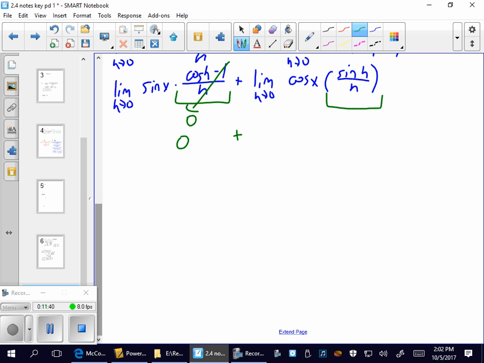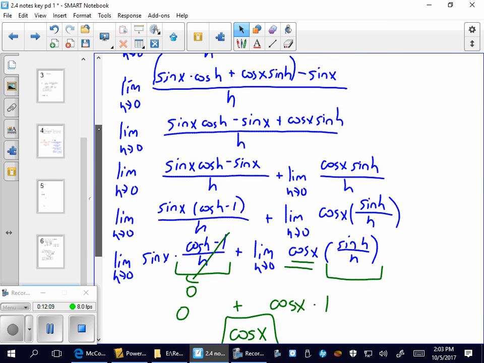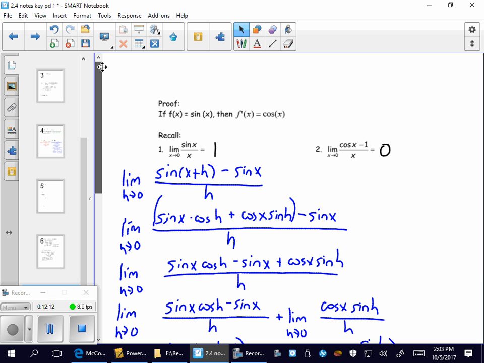Plus, over here, the limit of this piece as h approaches 0, well, there's no h to plug anything into, so really it acts as if it's a constant, cosine x, times the limit as h approaches 0 of sine of h over h, that's another special limit, that was 1. So ultimately what I get is 0 plus cosine of x times 1, or cosine of x. So there's the proof that the derivative of sine of x is cosine of x.